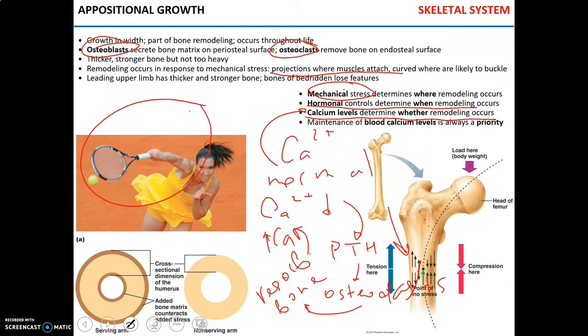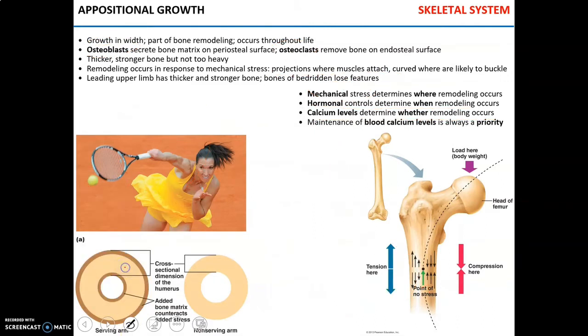Essentially, let's go over it one more time. Let me remove all the ink on the slide, and we will try to do it again. So calcium levels go down.